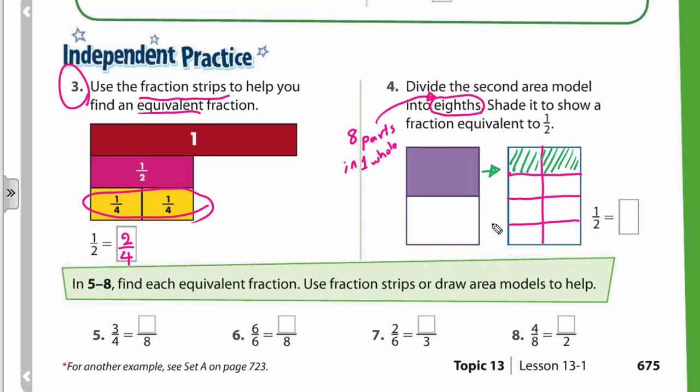We put down 2. I shade another 2. We put here another 2. Okay, like this. So now they are the same. What do you mean? You want another 2 now? Now I have 4/8. No, not the same. Oh, okay.